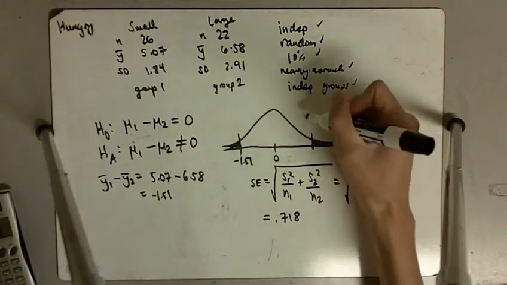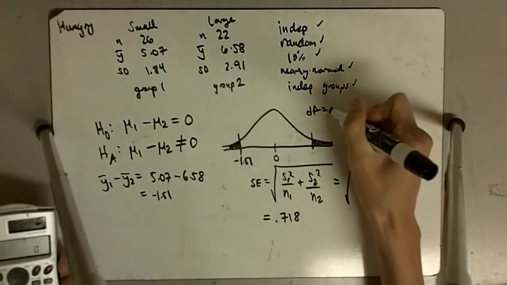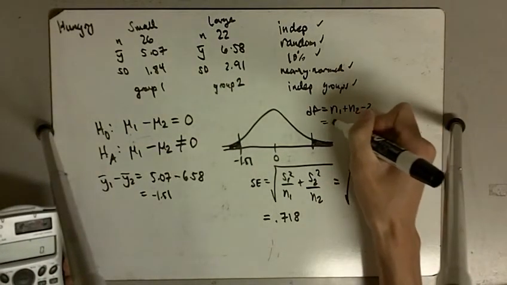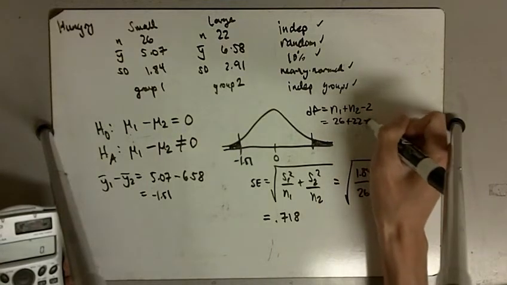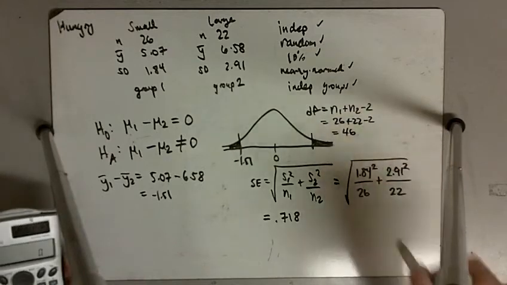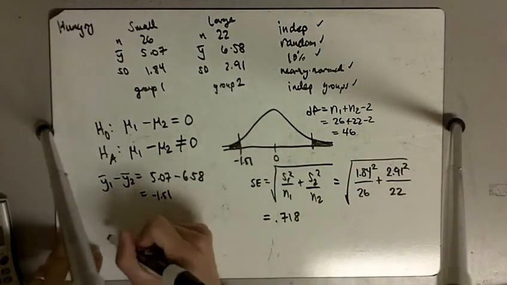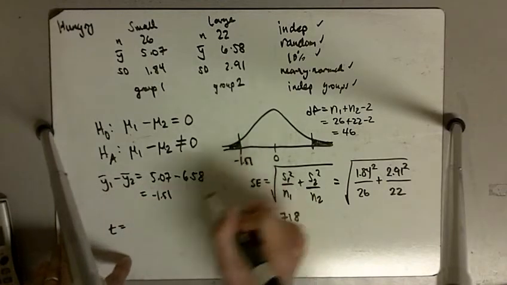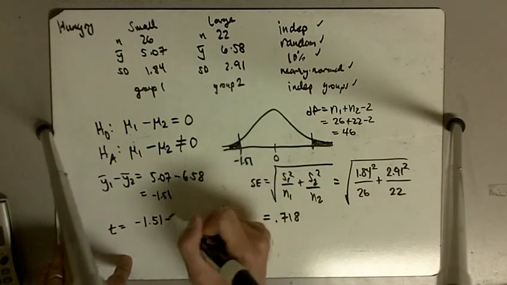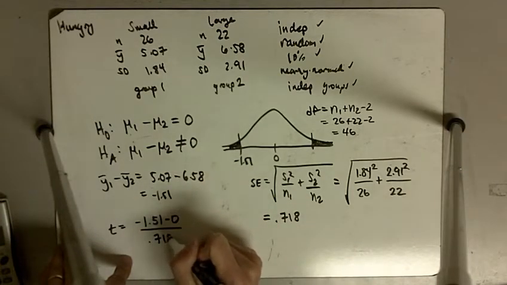And the degrees of freedom that I have is going to be n1 plus n2 minus 2. So I have 26 plus 22 minus 2. So I have 46 degrees of freedom. Okay, so our t-statistic, we observe the difference to be negative 1.51 minus the mean 0 divided by our standard error, which is 0.718.